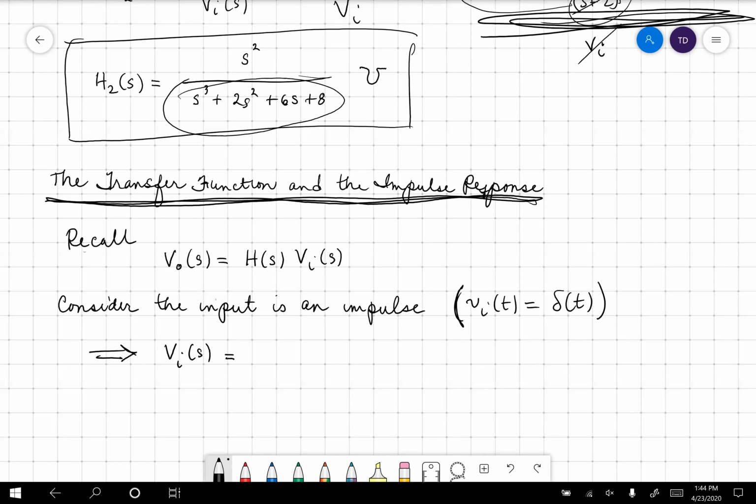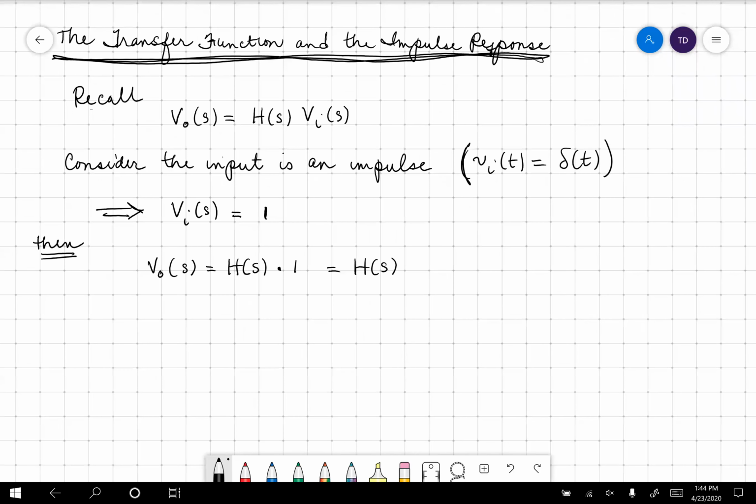It was the first one we did. Is it 1? That is correct. It is. Good job, Jordan. VI of S is equal to 1. Oh, wow. So the output in the frequency domain is identically equal to the transfer function.